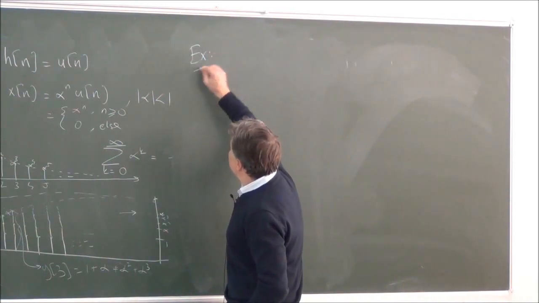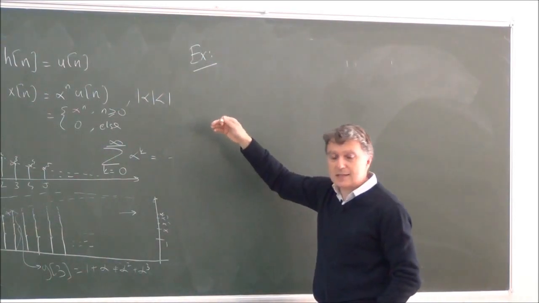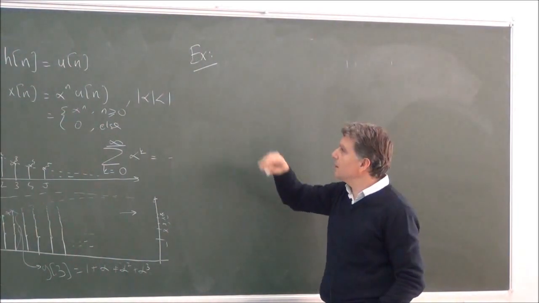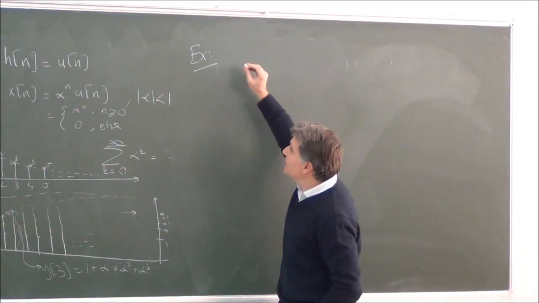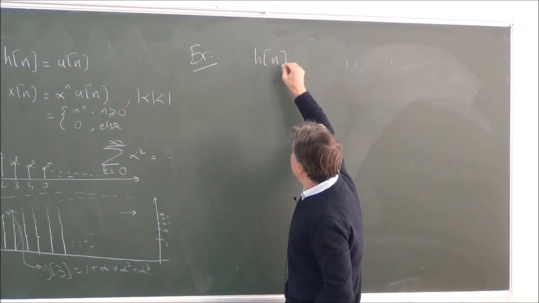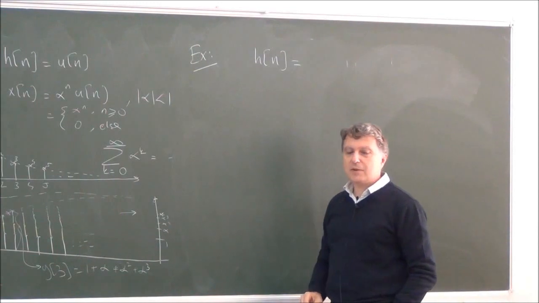You can think of it as a next example, but I'm not going to solve it. I could solve it, but it will take too much time. The question is as follows. Suppose h of n is the impulse response of a linear and time invariant system.